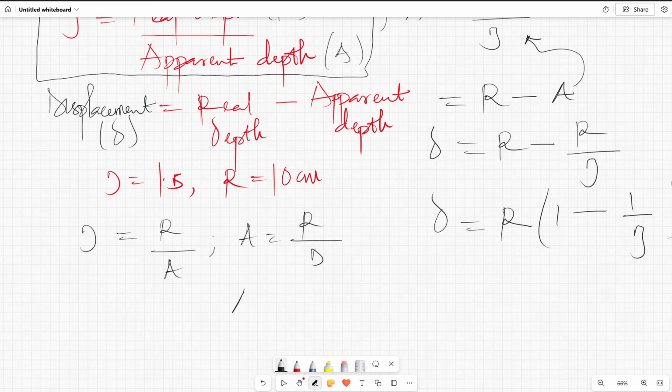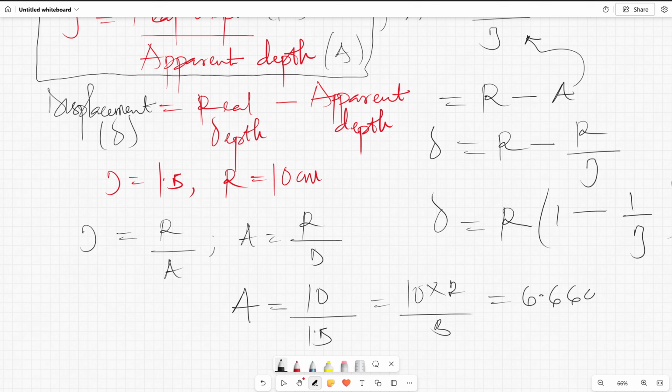R is 10 divided by the refractive index, that's 1.5, which is 3 over 2, right? So that will be 10 times 2 divided by 3. So this is 20 divided by 3. You have 6.66 centimeters as the unit is concerned.